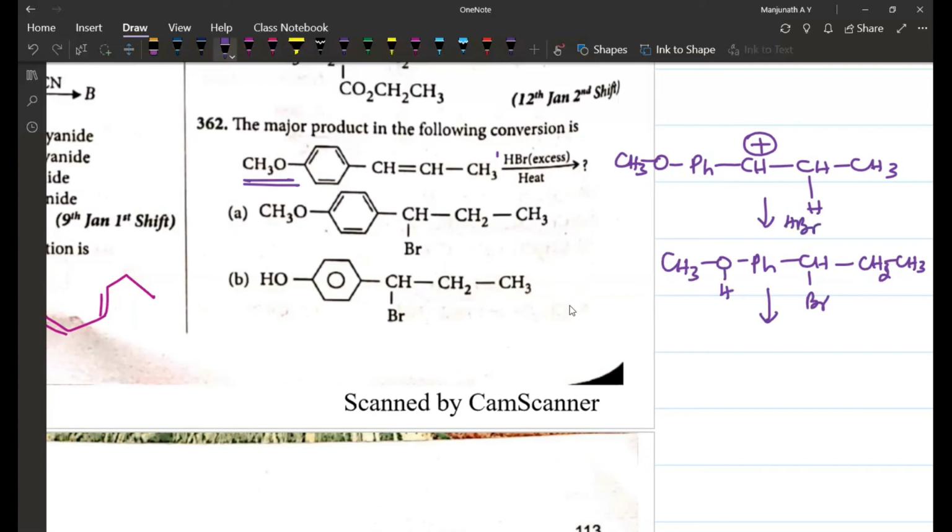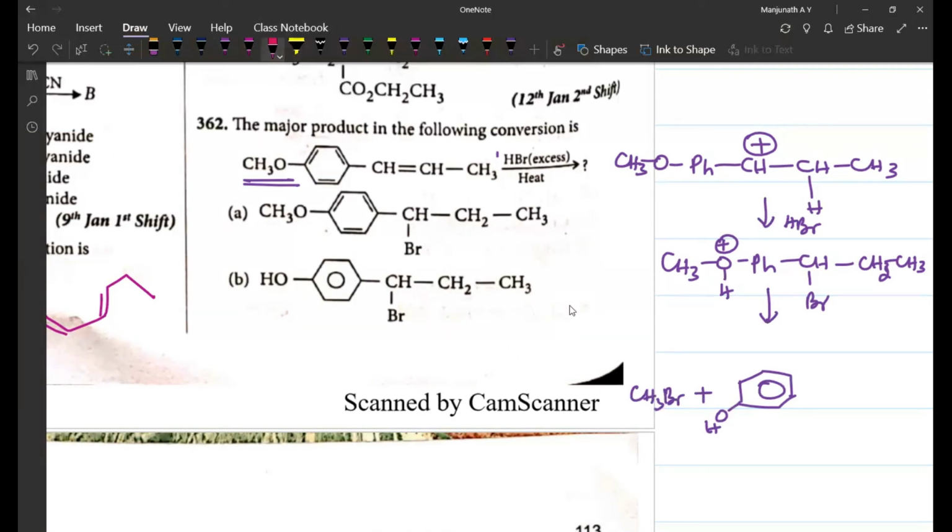We add HBr here, so this will become plus. Then it will become methanol because it is attached to the benzene ring. So your product will be OH... Acha, this will not become methanol, rather it will become CH3Br. After protonation, this bond cannot break.